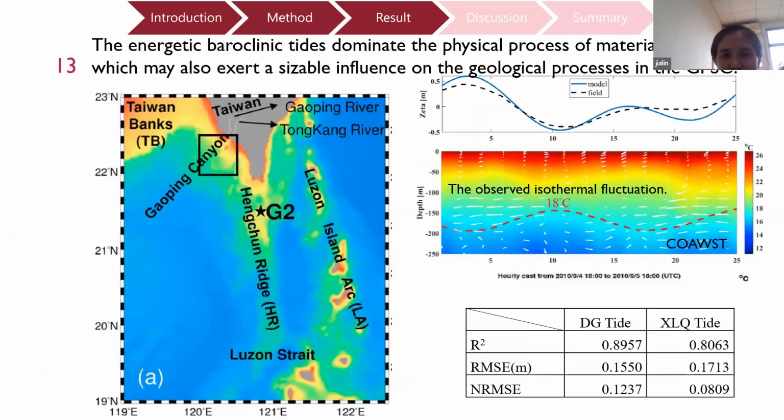Okay, so now we come out from our lab and we want to go to the Gaoping Submarine Canyon to see what else we need to include in our simulation. In the previous slide, I mentioned we have a setup with river input and then putting sediment inside the river.